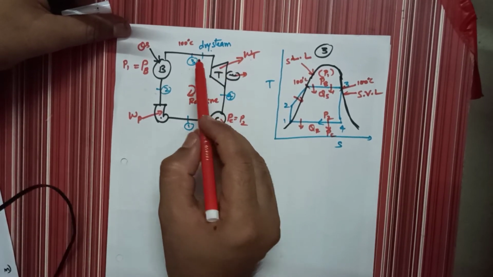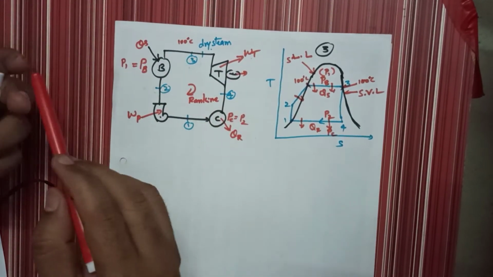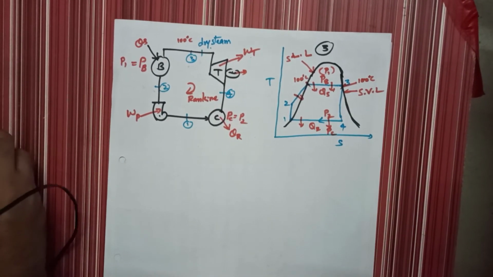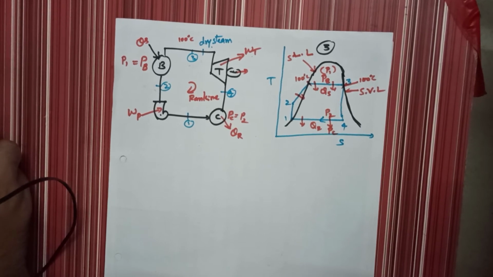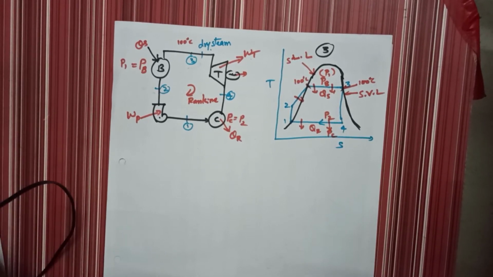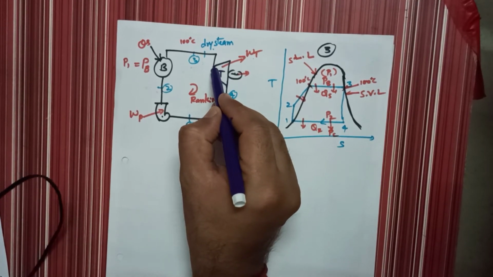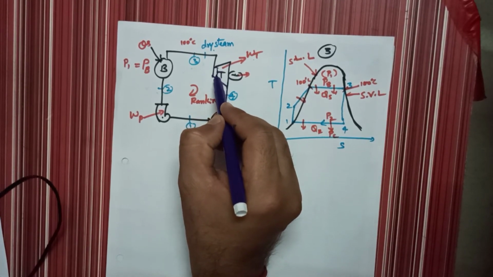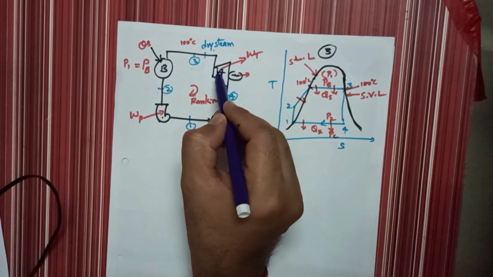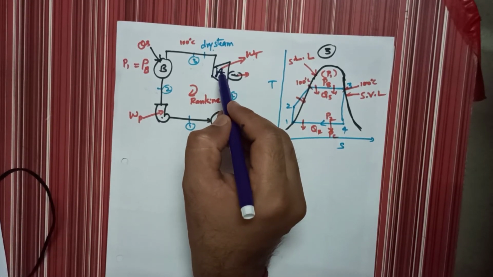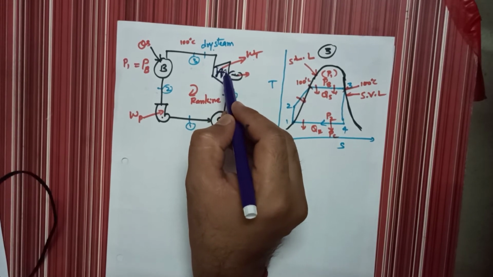The reason is, if you are supplying 100 degrees Celsius, have a look here. 100 degrees Celsius steam is entering the turbine. This 100 degrees Celsius steam enters the first stage of the turbine. Then the second stage. When it comes to the second stage, 100 degree will become 80 degree. In the third stage, it will become 60 degree.